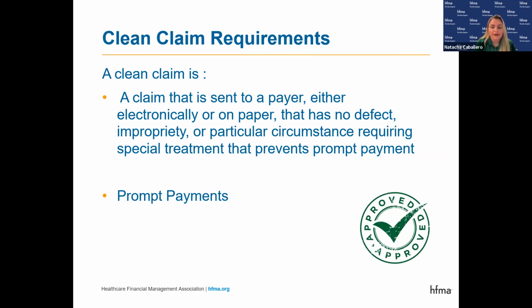Prompt payment can be defined by payer contracts or state or government rules. A summary of the source of data is provided on the next screen to highlight the importance of the patient access role in processing any clean claim submission.